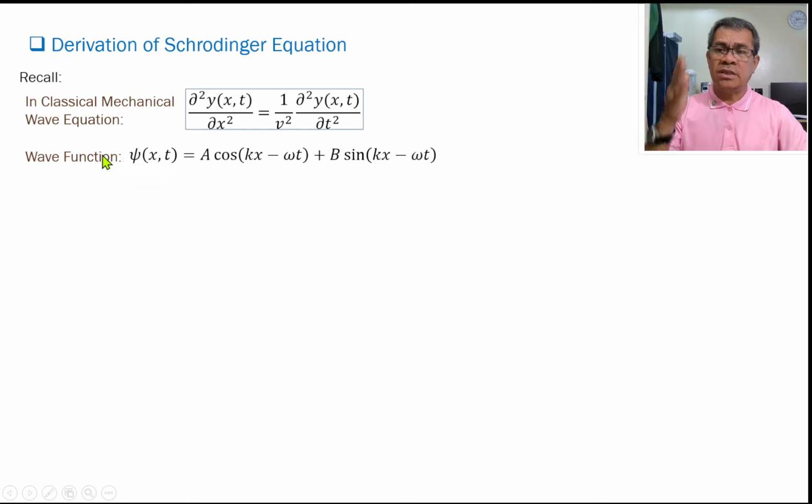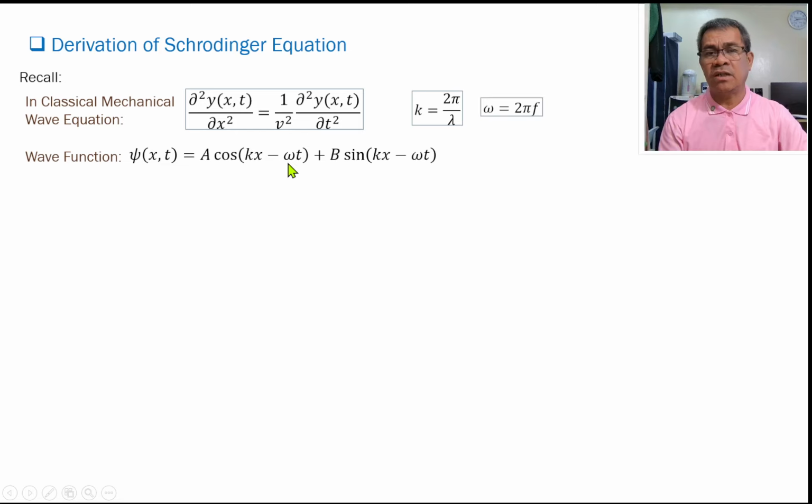Now, this function can be called a wave function if it satisfies the condition of the wave. So what are the requirements of this wave function? Okay. Now, take note that this k should be 2 pi over lambda. And this omega, which is the angular frequency, is 2 pi times frequency.